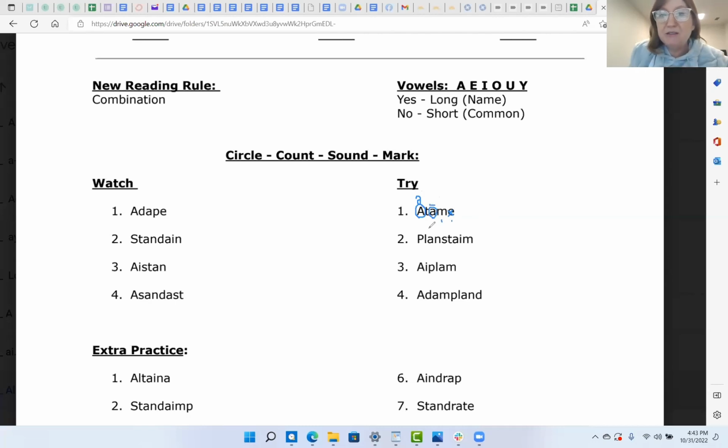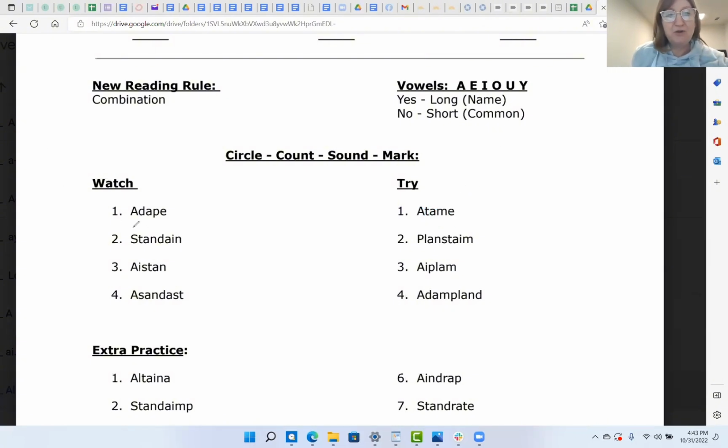Okay, so when we pencil read this word, it's going to sound like this. Tame. Okay, tame. Did you get it? Maybe? Hopefully.